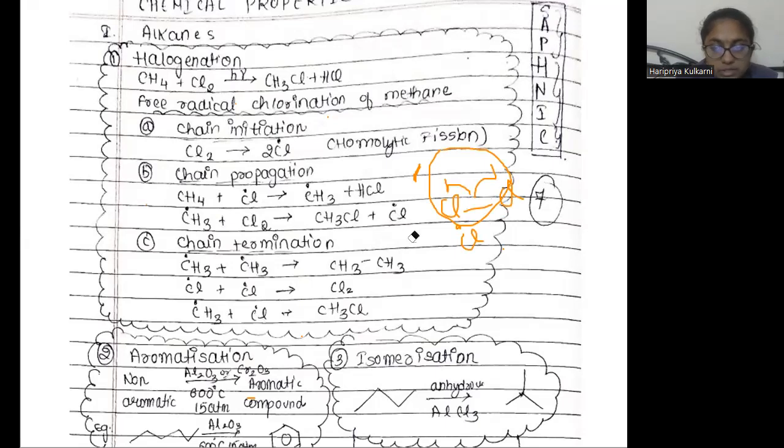The second one is chain propagation, that is CH4 plus chlorine free radical giving CH3 radical, that is methyl free radical, plus HCl. Now this methyl free radical reacting with a chlorine molecule will give me CH3Cl and again one chlorine free radical. Next is chain termination.